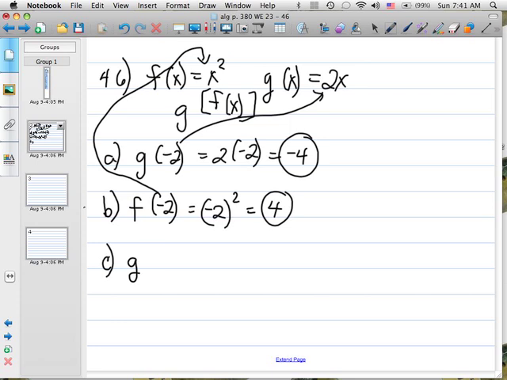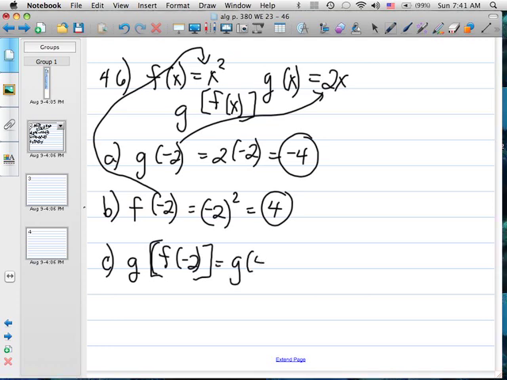C, we have g of f of negative 2. So we first evaluate the function f at negative 2, and we have that answer. It's 4. So now we have g of 4.